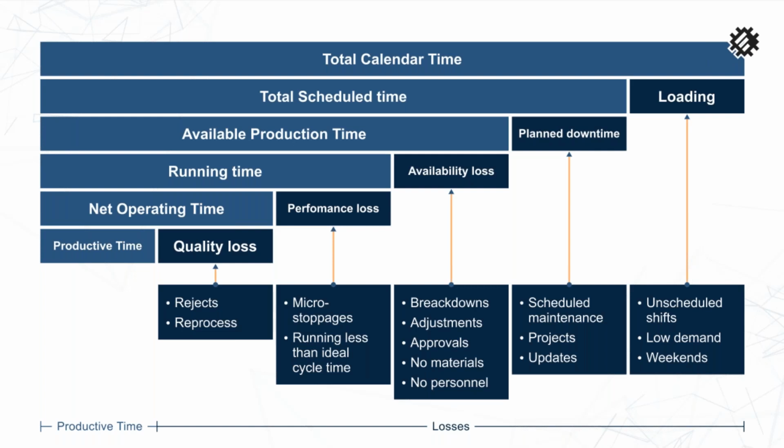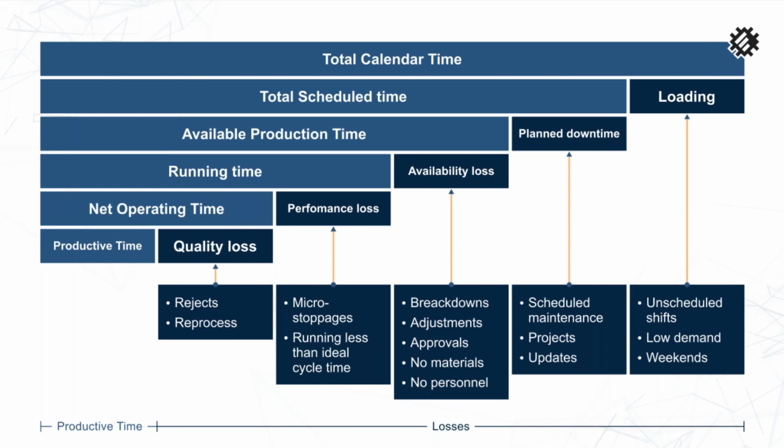Here you can see that we need to break down our calendar and map our orders onto the production facilities of our factories.